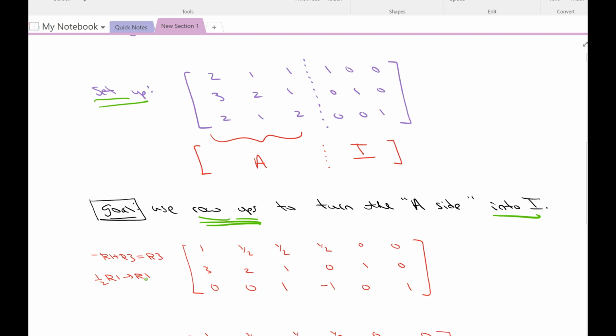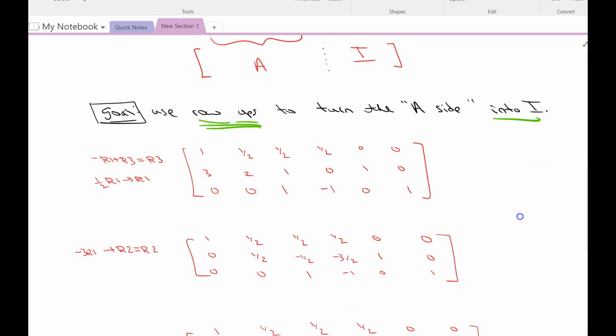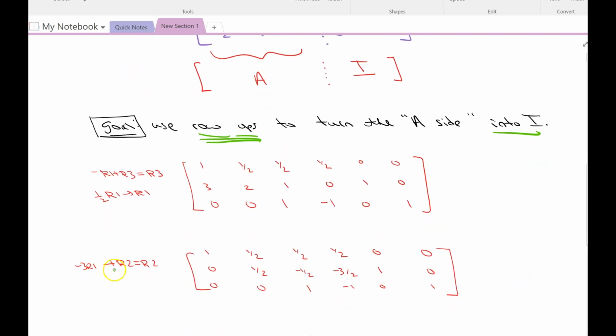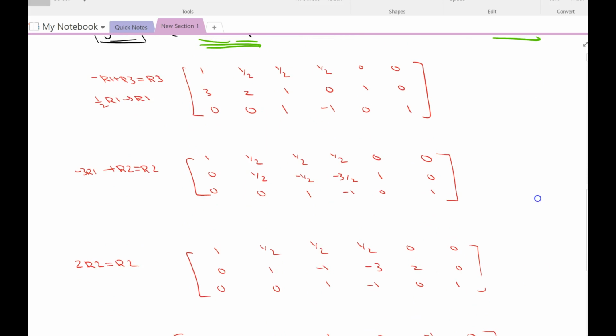When you use the row ops, make sure you use the right-hand side of the rows here. Even in these first two operations, look what happened. I has changed. And I'm going to keep going. Negative 3R1 plus R2 gives me a new row 2.